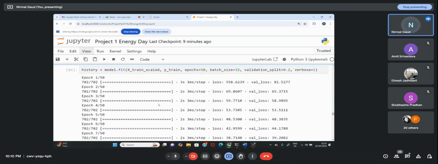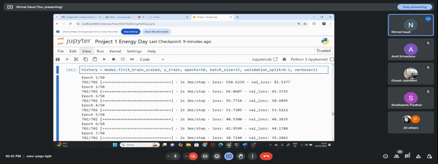And then here is the training process. I took X train and Y train data, that is the scaled data. 50 times I'm iterating my model. It is taking 50 steps to train. It's up to you how many steps you want. I took 50, you can take 100, depending on where you are getting a good score.